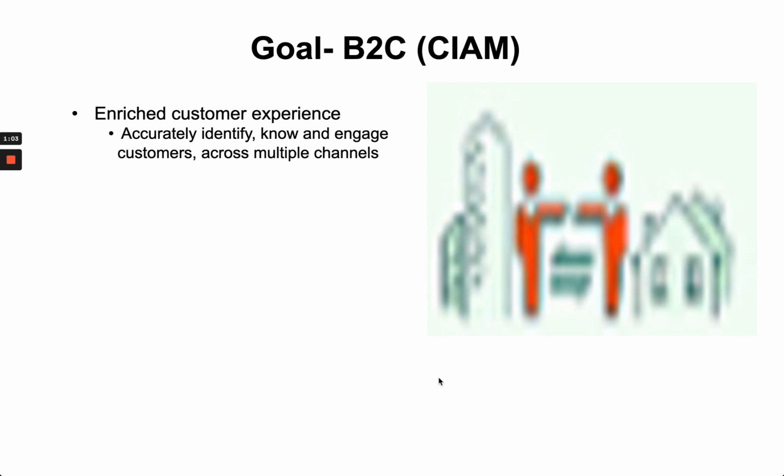As an organization, every organization's goal is basically to deliver an enriched customer experience by accurately identifying, knowing, and engaging their customers across multiple channels. So in order to build and maintain a digital relationship with your customers, you will have to connect to your consumers or customers.